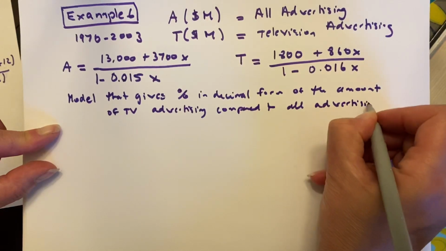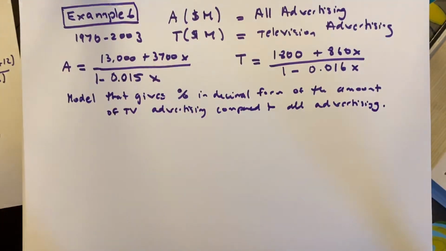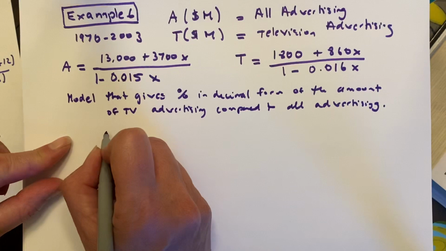In other words, let's use the model to find out what percentage of all advertising is TV advertising. And then we'll try to find what that number is in terms of millions of dollars. Okay, so percent, right? We know what a percent is.